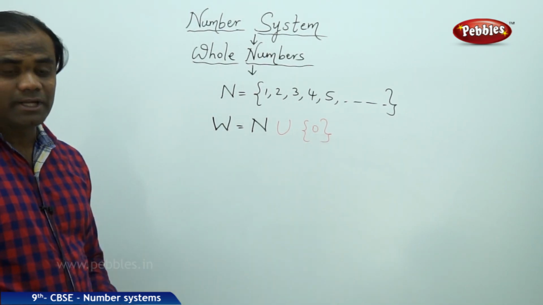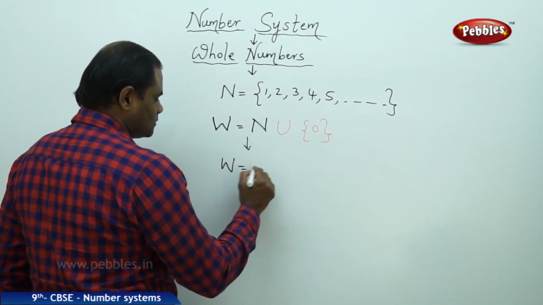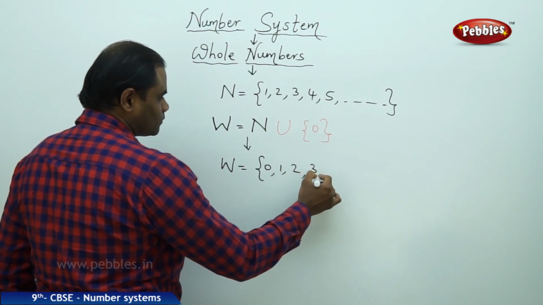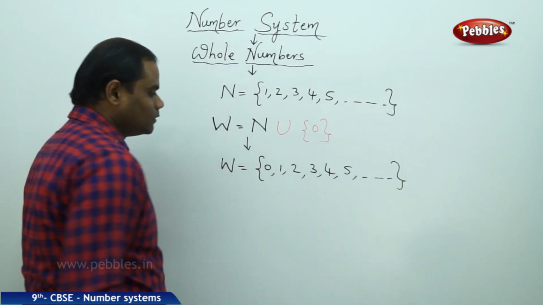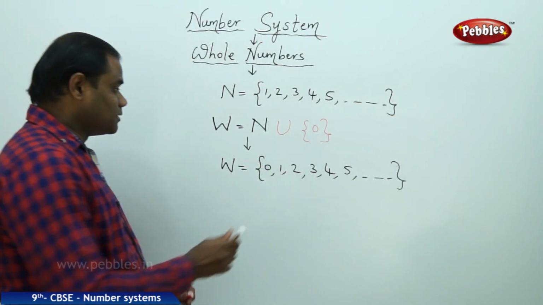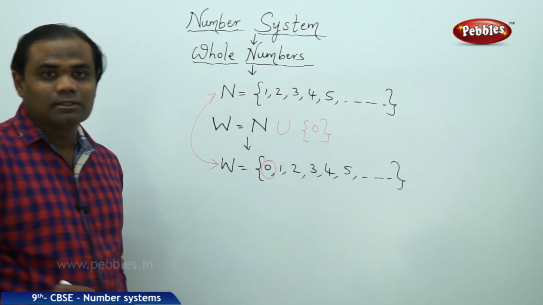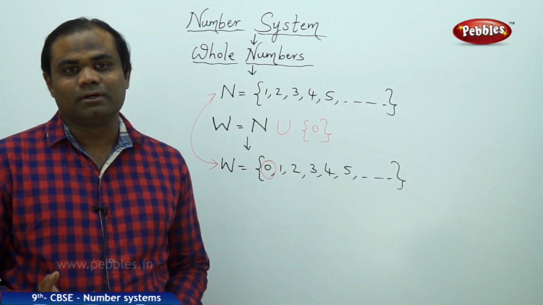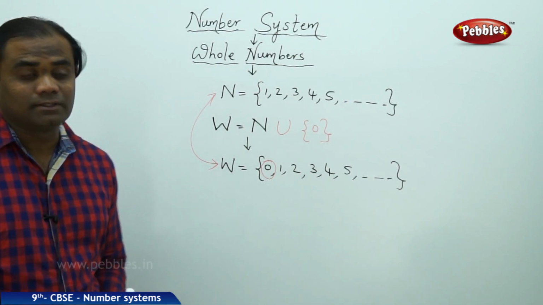So the set of whole numbers is 0, 1, 2, 3, 4, 5, with the only additional difference being 0. 0 along with a natural number is a whole number, is how we identify through the words.